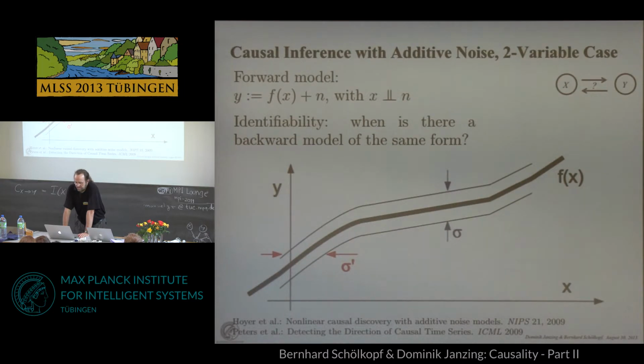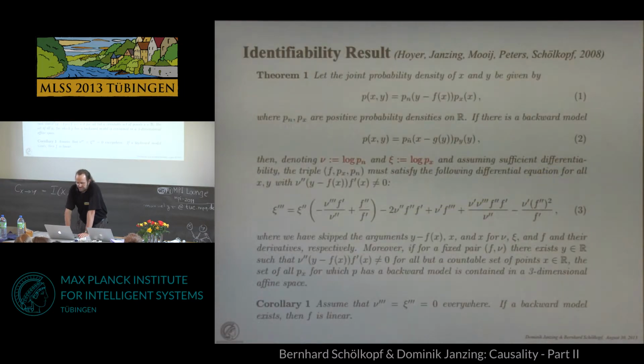So intuitively, it seems plausible that this is no longer a symmetric situation, and one can prove that. We will not prove it, but just to give you an idea: what does this theorem say? The theorem says, let's assume there is such a model in the forward direction. So it's a joint density, and the model factorizes into a density over the input and a density of the noise, and the noise is additive.